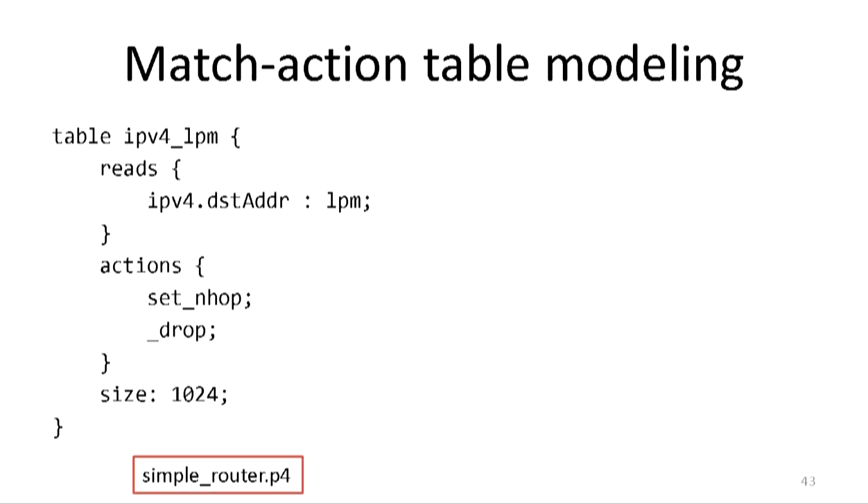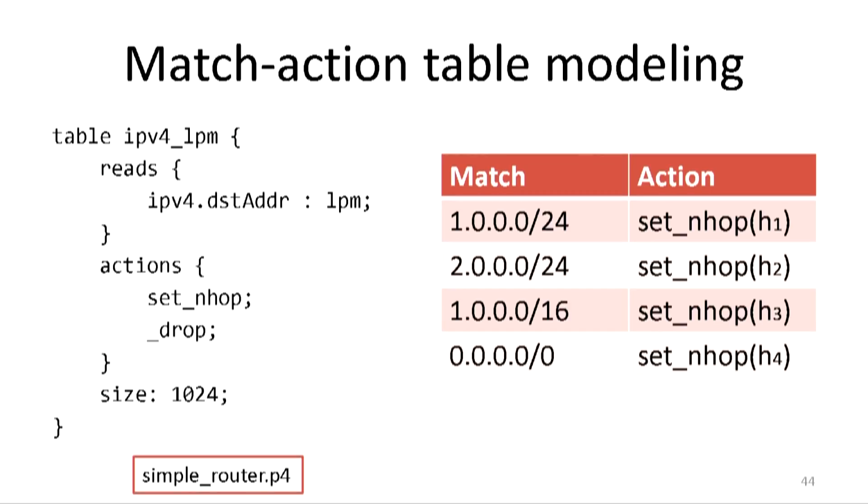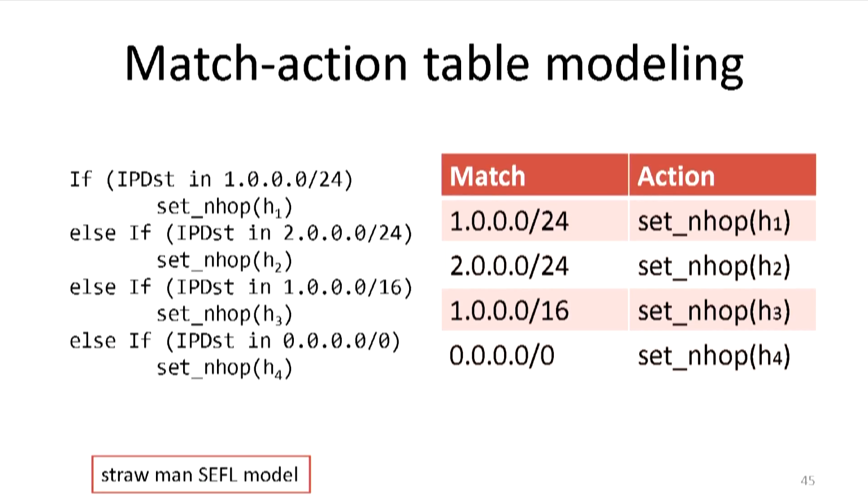So, going back to the running example, this is a table. It does a very simple thing, longest prefix matching and then forwarding. These are some concrete table entries. So, the easiest approach to tackle this problem of modeling this table would look like this. This is a sequence of cascading if-else statements.